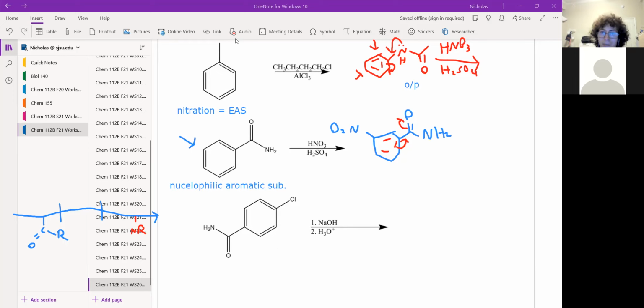While I'm drawing the product, what are some things? Yeah, that's it, actually. You need a leaving group, which is always going to be a halogen for NAS. And then you need to have a strong electron withdrawing group, ortho or para, to it.